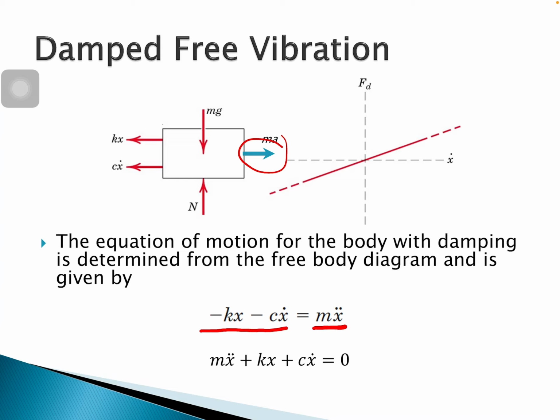Notice the negative sign. Negative is because it is in the direction against the displacement. When we rearrange it, we get the equation: m x double dot plus k x plus c x dot. This is the new term that we learned today.